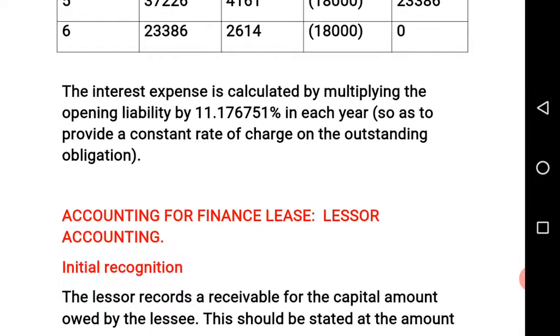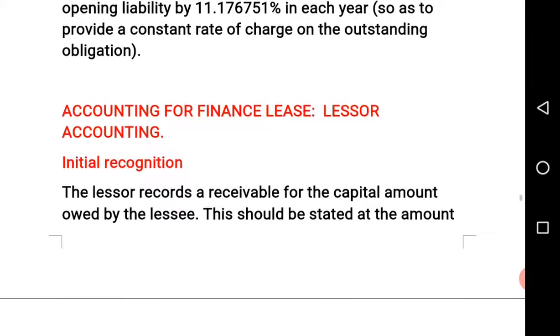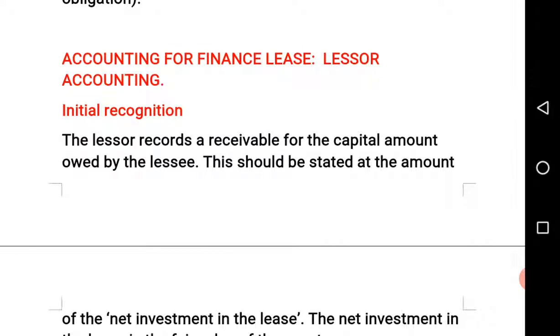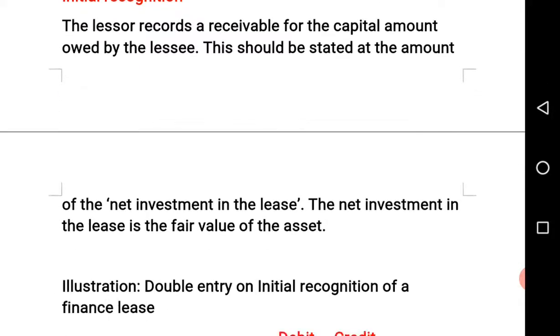So we have accounting for finance lease, lessor's accounting. We have the initial recognition. The lessor records a receivable for the capital amount owed by the lessee. This should be stated at the amount of the net investment in the lease. The net investment in the lease is the fair value of the asset, the cost of the asset.